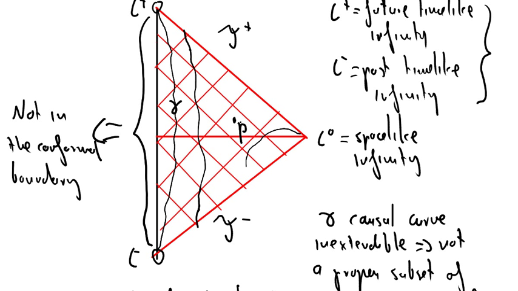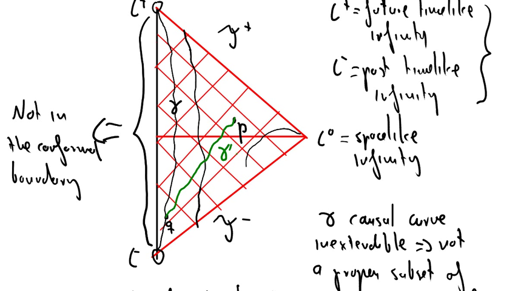Then it's always possible to find a point within gamma, for example this one, such that we can join this point Q with P by means of a time-like curve.